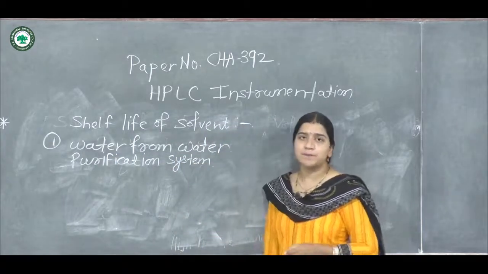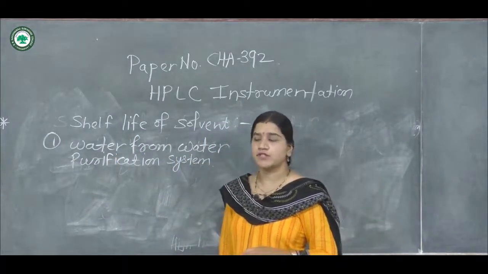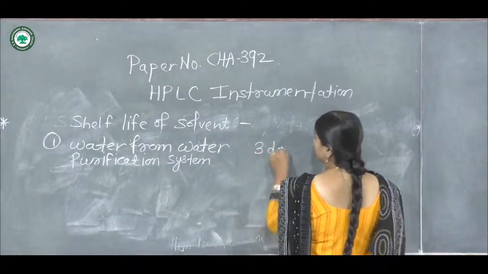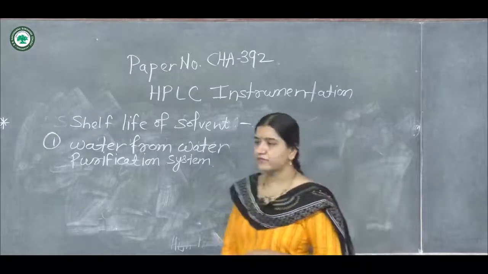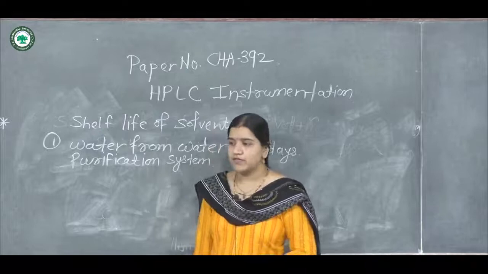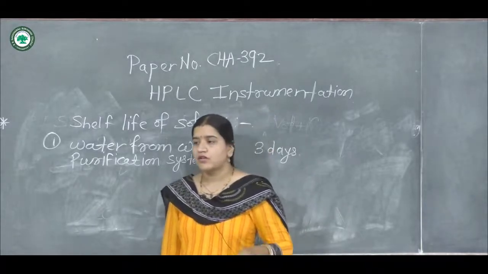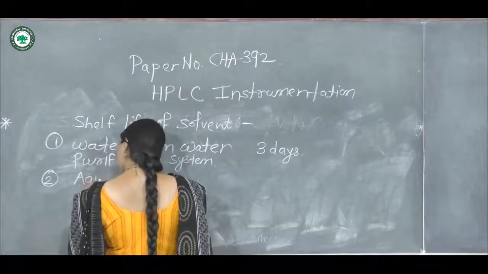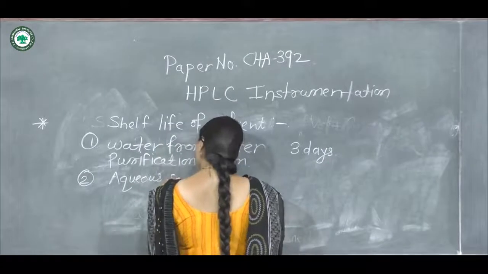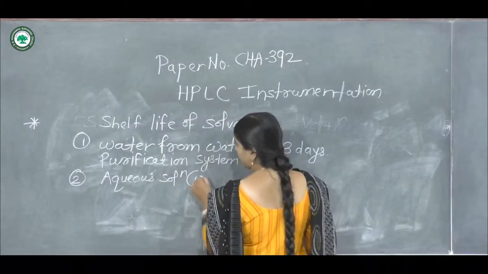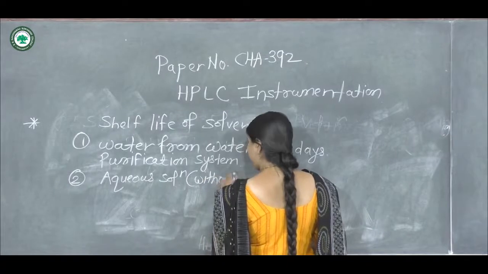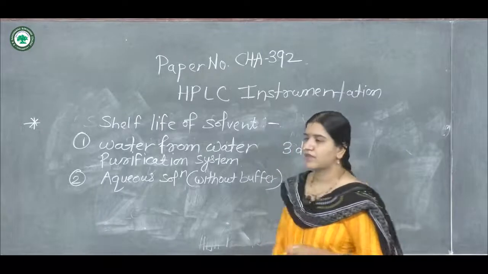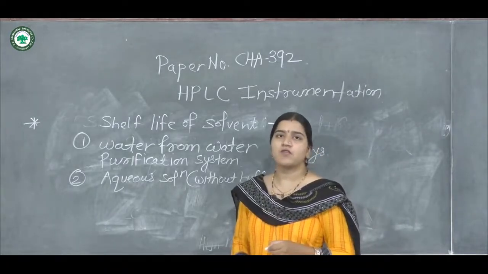If you are using simply the water from the water purification system, then it has a shelf life of 3 days. Secondly, if you are using the aqueous solution without buffer, then again it has a shelf life of 3 days.